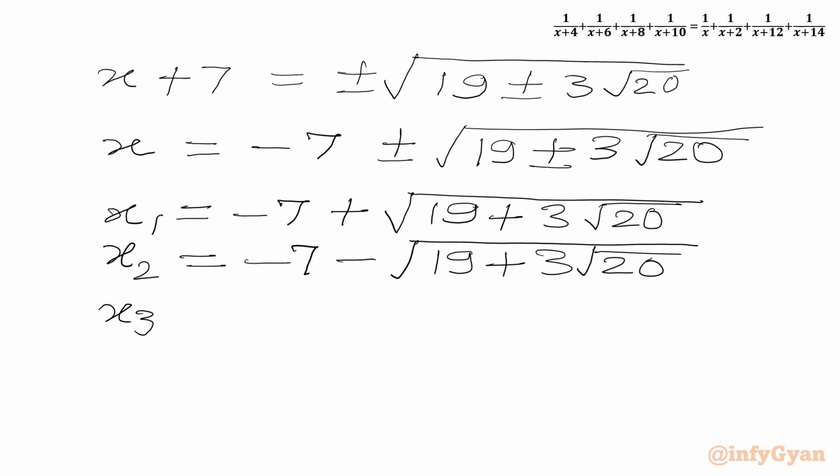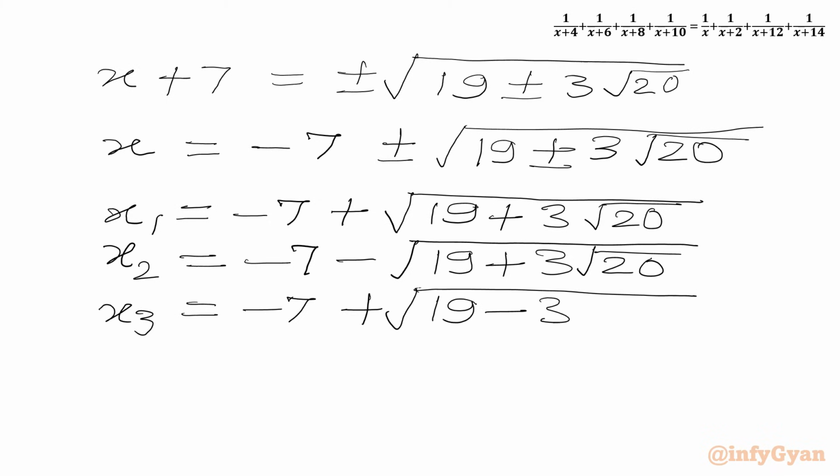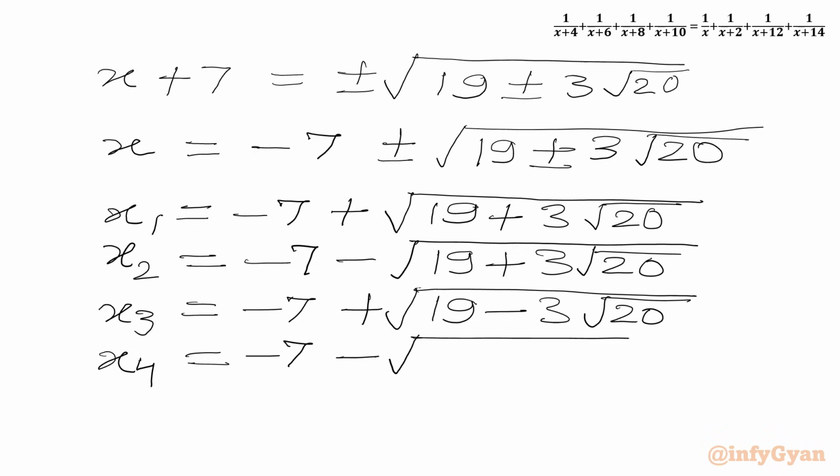Third solution will be equal to minus 7. We'll write plus here and then we'll put minus in the radicand part, 19 minus 3 square root 20. And we'll write here x4 will be equal to minus 7. Here we'll write minus and then we'll put 19 minus 3 square root 20 as a radicand.